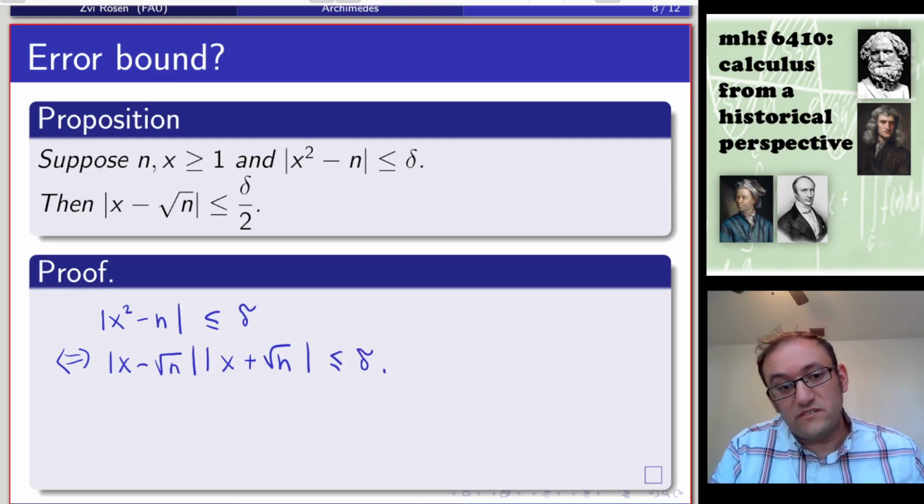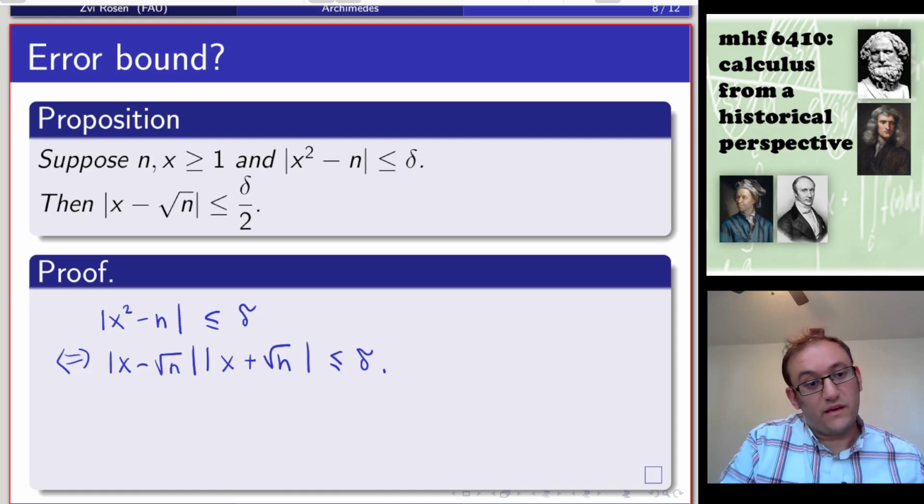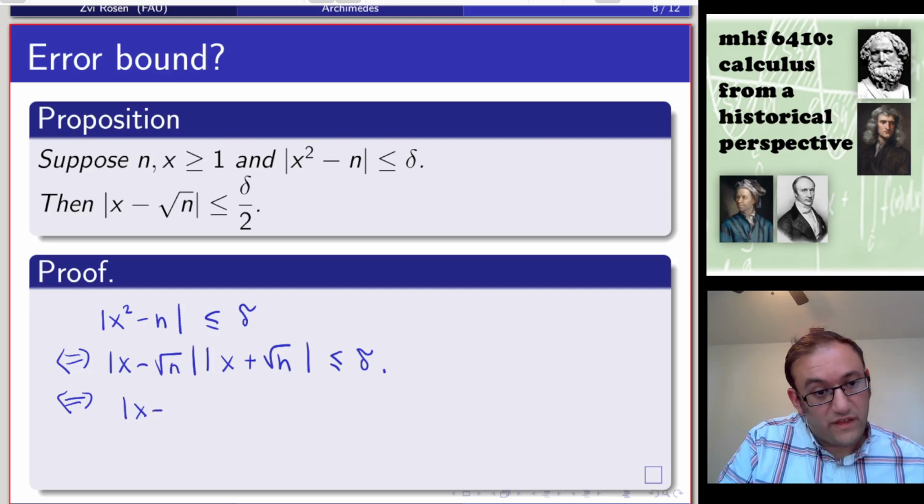Okay, now we're going to divide both sides by x plus root n. So this is equivalent to the absolute value of x minus root n being less than or equal to delta over the absolute value of x plus the square root of n.